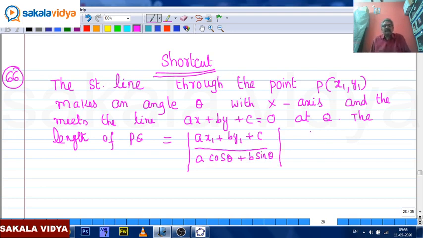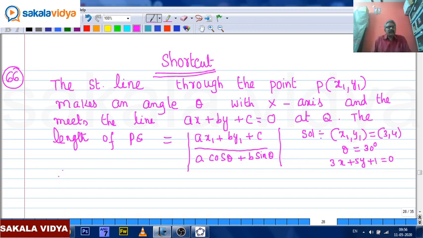So now here, the solution for this one. Here x1, y1 is how much given in the question? 3 comma 4. Am I correct? What is theta given? Theta is equal to 30 degrees, pi by 6. And next, what is the line given? 3x plus 5y plus 1 equals 0.